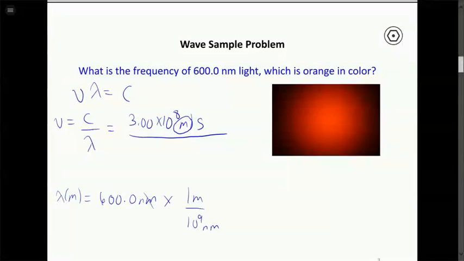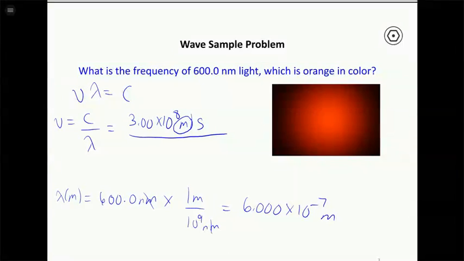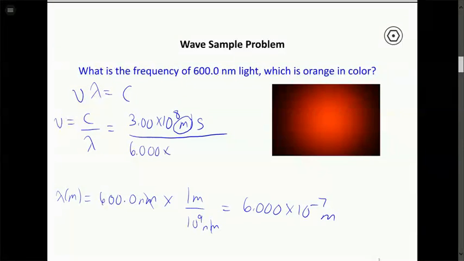We cancel out nanometers, and that converts this into meters, which comes out to 6.000, being careful with significant digits, times 10 to the minus 7 meters. So that's the value that we need to put into the denominator of this expression up here. We can't just use the given value of 600, because that's the wrong unit.